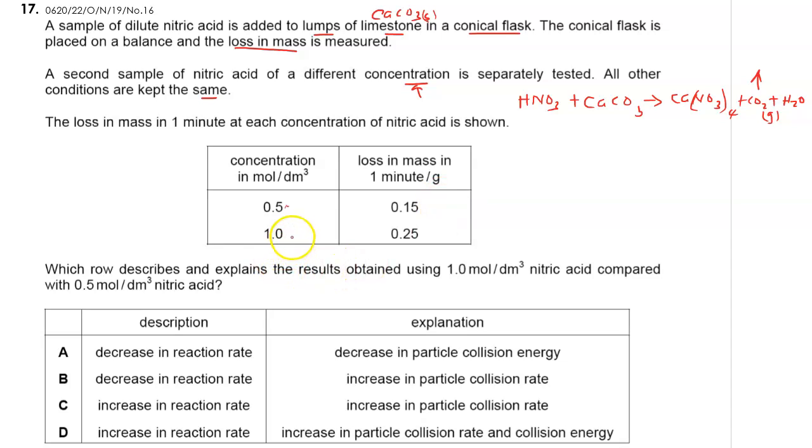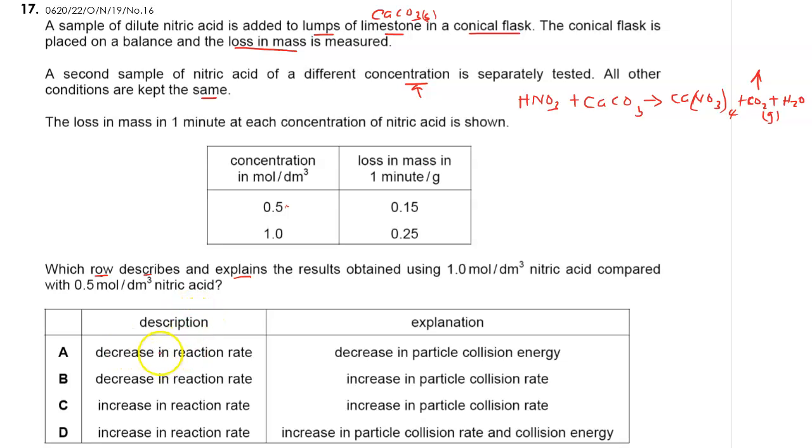When the concentration is 1 mole per liter, the loss in mass is 0.25. So it means that the higher the concentration, the faster the reaction, so we have more carbon dioxide produced, and that means more mass is lost. Which row, A, B, C or D, describes and explains the results obtained using a concentration of 1 mole per liter nitric acid compared to this, right?